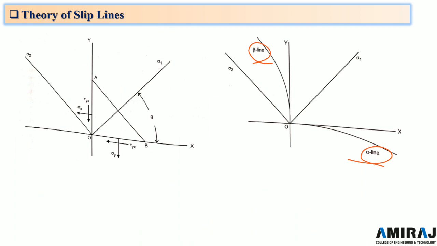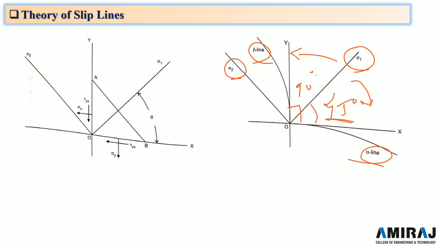With respect to the algebraically major axis sigma 1 and sigma 2, the alpha line is at 45 degrees from sigma 1 in the clockwise direction, while the beta line is at 90 degrees with the alpha line in the anti-clockwise direction.